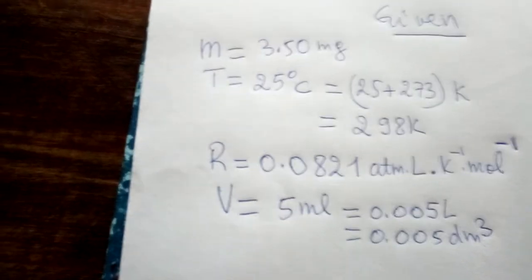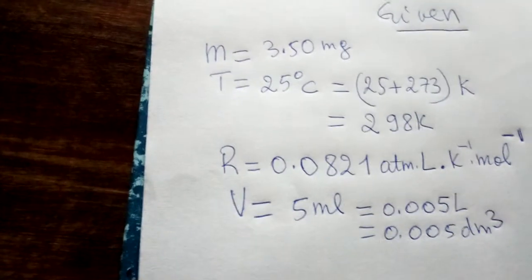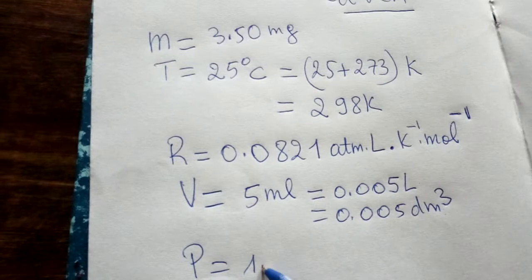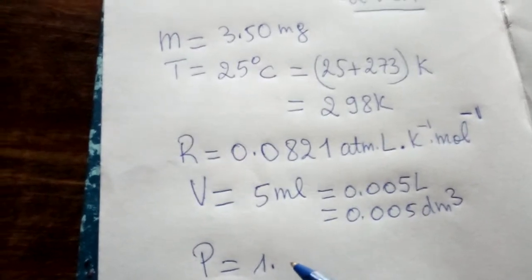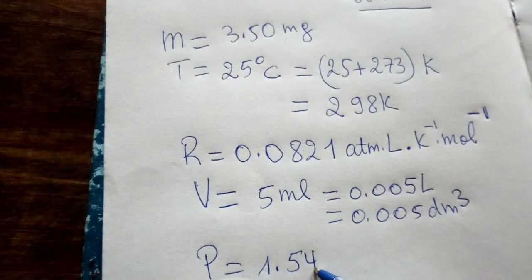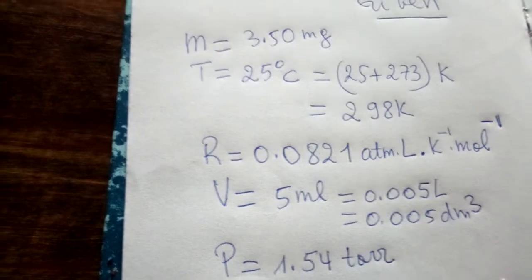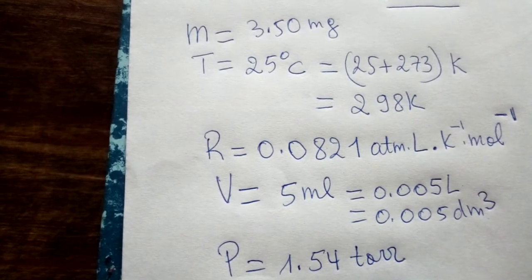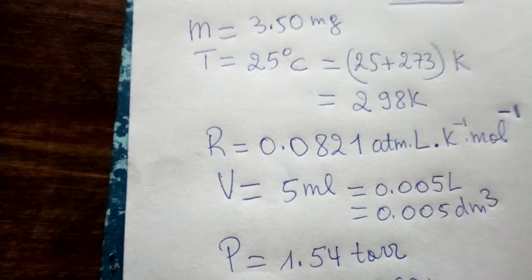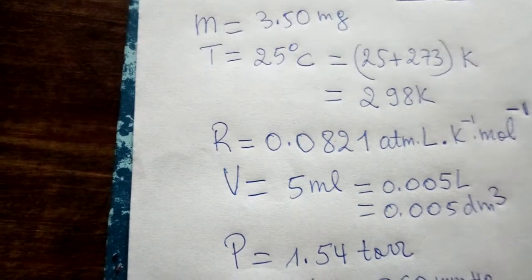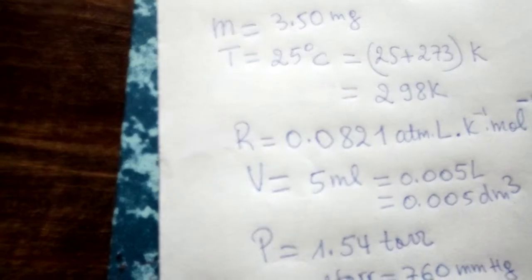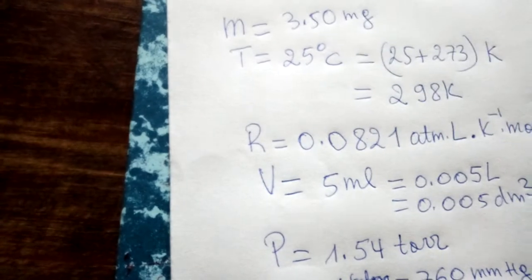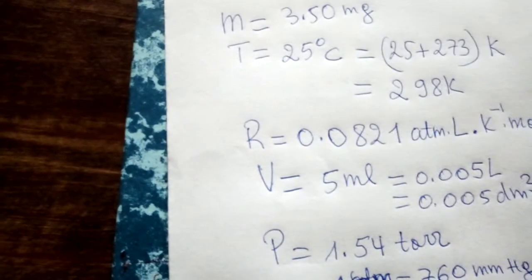After finding the volume, another thing which we have to calculate is the pressure. Pressure is written as 1.54 torr. 1 atmosphere is equal to 760 millimeter of mercury, and 1 torr is equal to 1 millimeter of mercury.